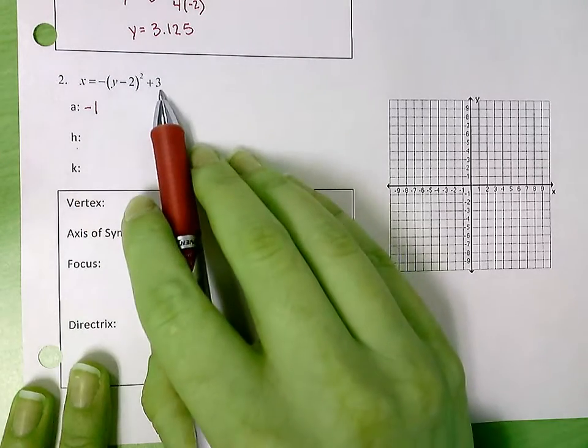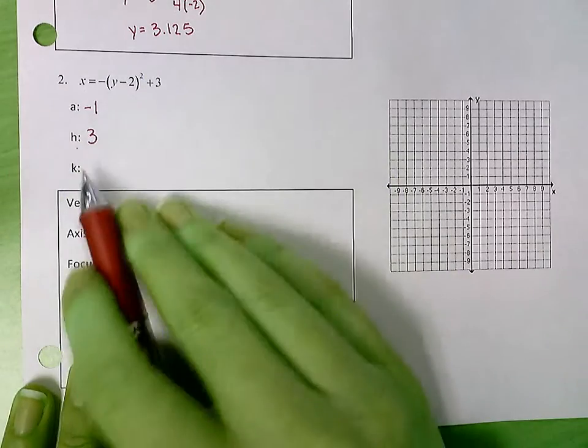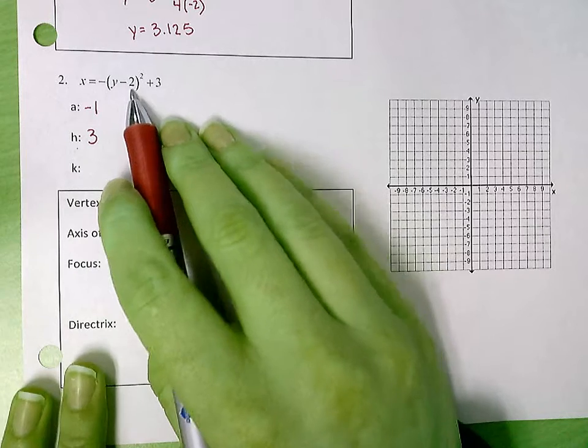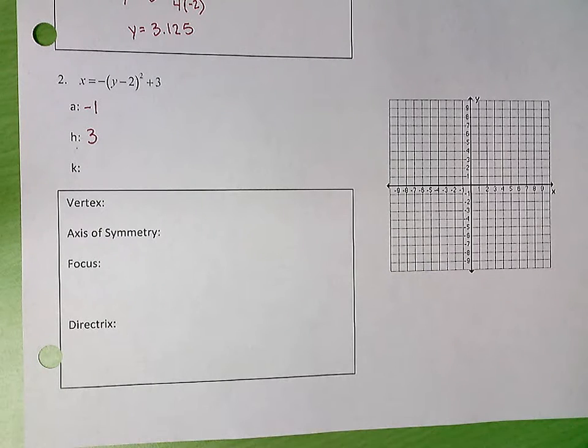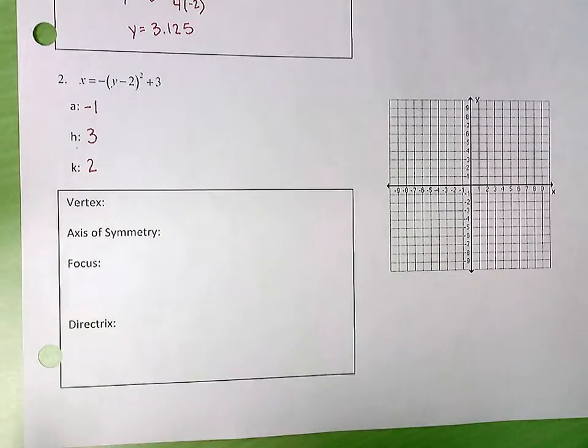H is on the outside, so that'll be 3. And k is on the inside of your parentheses. And again, whatever's on the inside, if there's subtraction, it's going to be positive. So k will be 2.